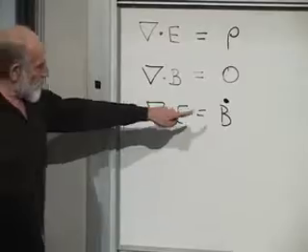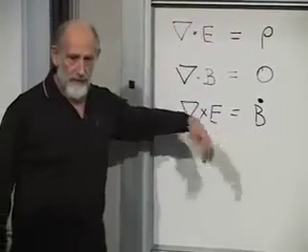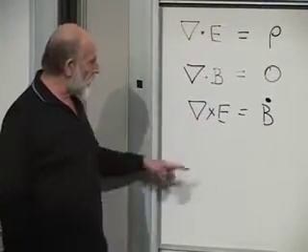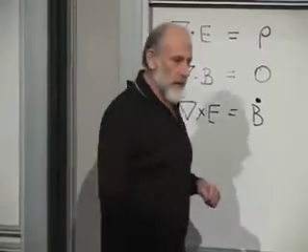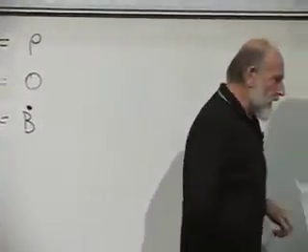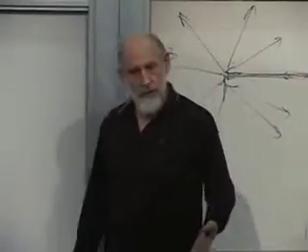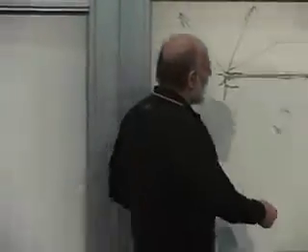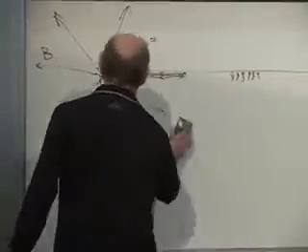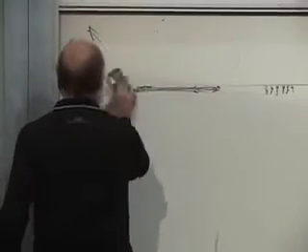This says that a changing magnetic field, if the magnetic field in space changes, it necessarily creates an electric field. If B dot is not 0, in other words, if the magnetic field is changing with time, it creates an electric field.